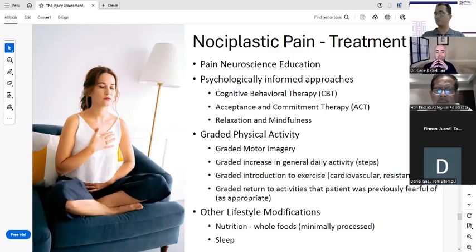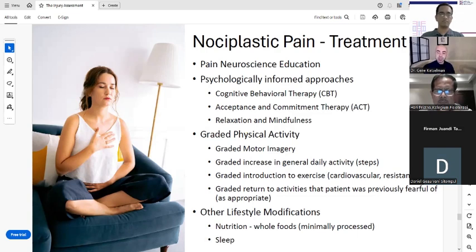So this type of exercise isn't specific to a type of injury. It's not like your ankle sprain injury or your ACL rehab program. This is just a gradual reintroduction or introduction to exercise. So being able to do body weight exercises, gradual resistance exercise, or cardiovascular exercise.